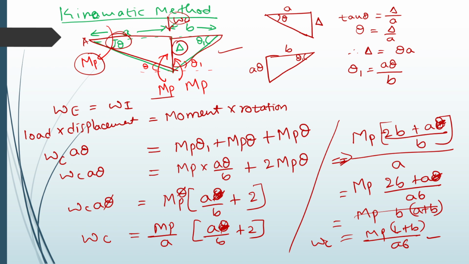In a plus 2b, 2b means b plus b, so a plus b is the length of the member L, plus b. So L plus b divided by ab, like this we are getting.